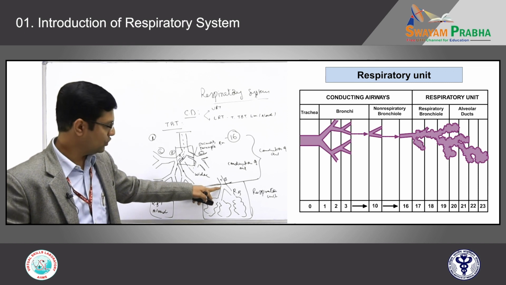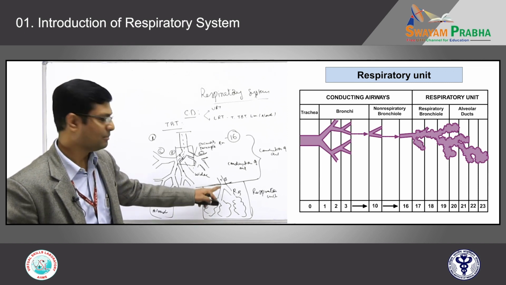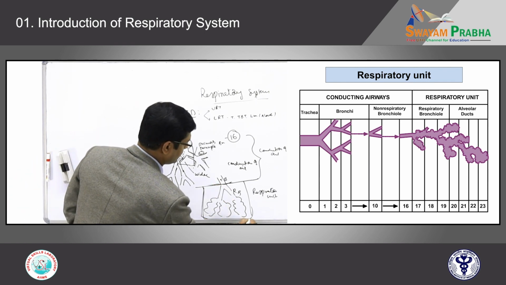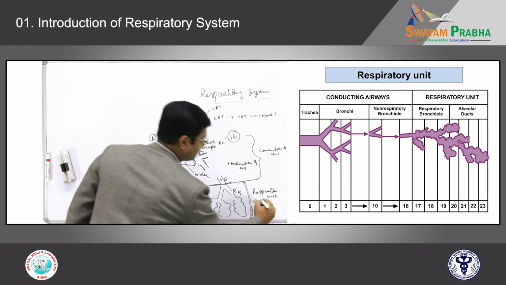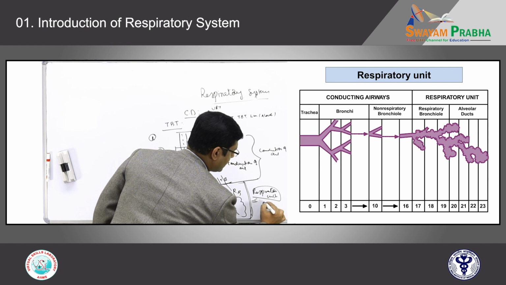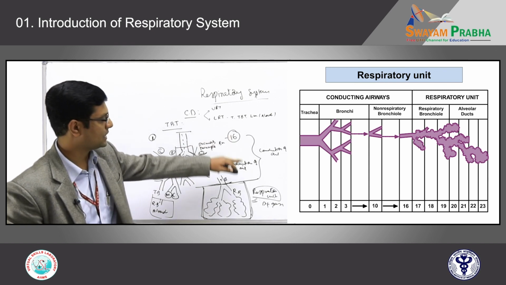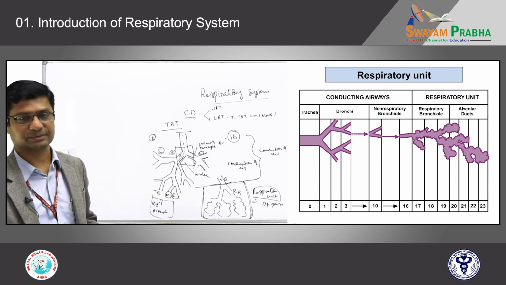From the terminal bronchiole till the alveoli, you have 4, 5, 6 branches. These are helpful for diffusion of gases. This is called the respiratory unit, and diffusion of gases takes place at this level. The part above is only for conduction, and the respiratory unit below is for diffusion of gases.